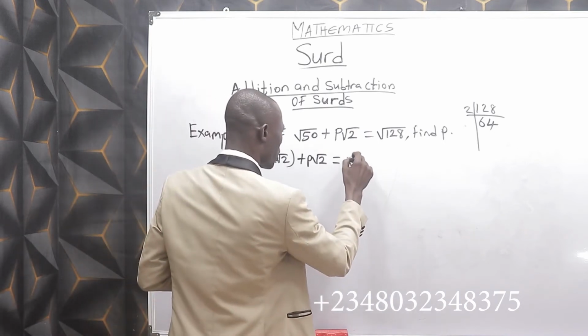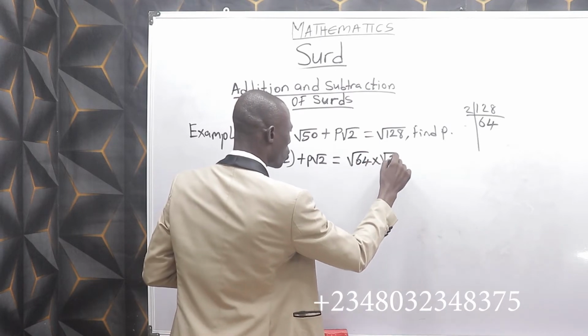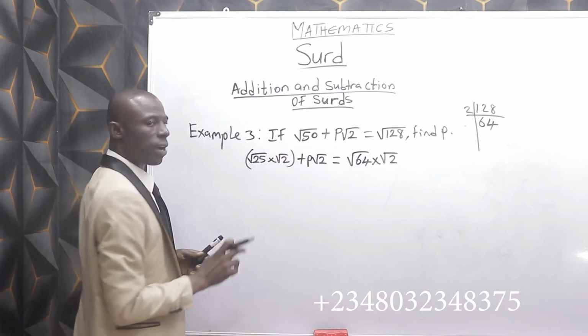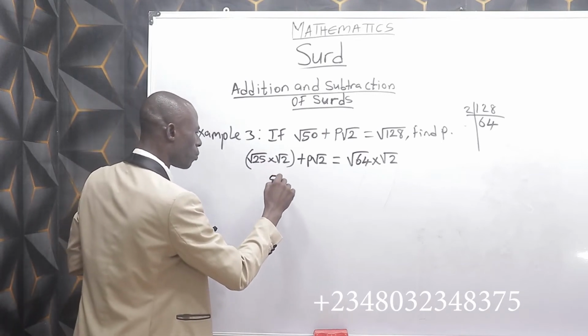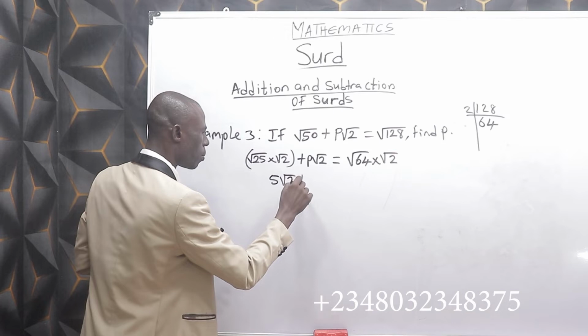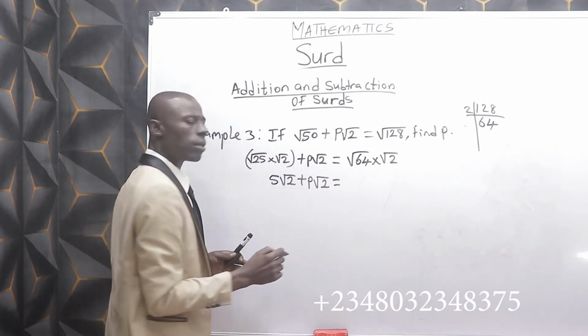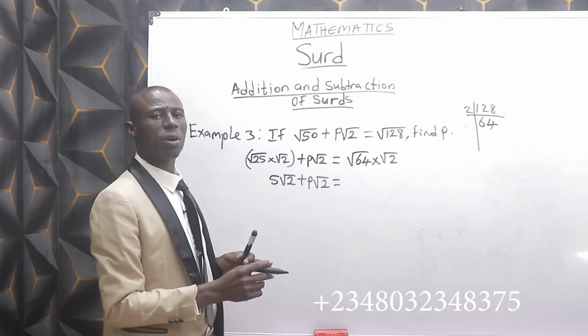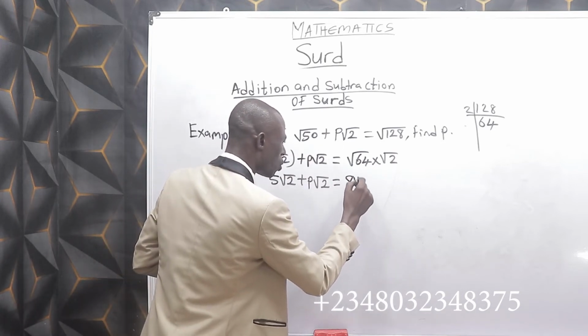So it is square root of 64 times square root of 2. So square root of 25 here is 5. 5 times root 2 gives 5 root 2 plus p root 2 equals, square root of 64 is 8. 8 times root 2, that gives 8 root 2.